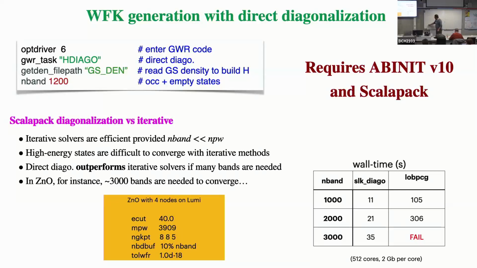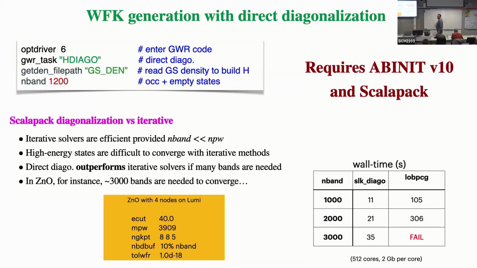Okay, but the maximum is done over all the bands and all the k-points. Now what happens is that these are the high energy states, and the residual is usually bigger. Say that after, I don't know, 10, 20 NSCF iterations, tolwfr for the low energy states will be already of the order of 10 to the minus 20. And here you start with something of 10 to the minus 8 after 20 iterations. And you have to spend a lot of other iterations to bring this value down below 10 to the minus 18.